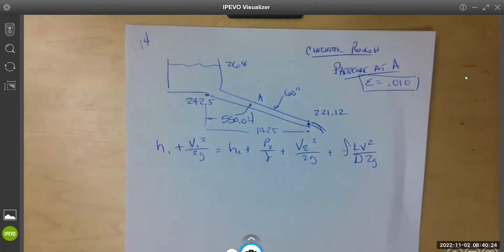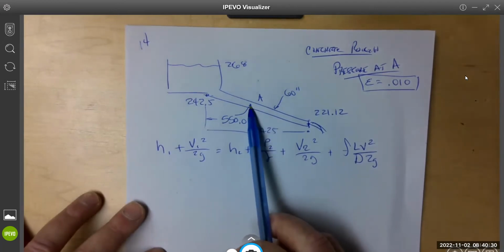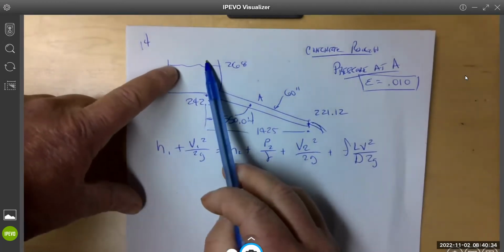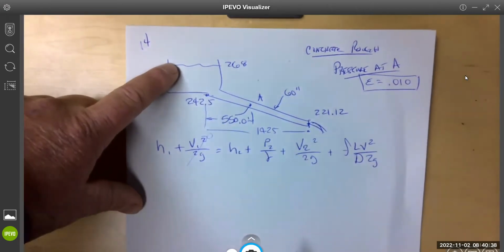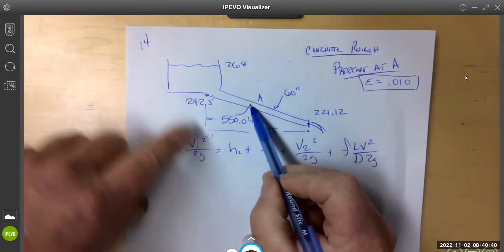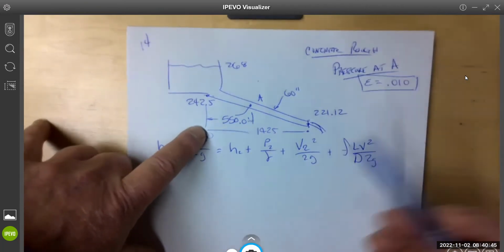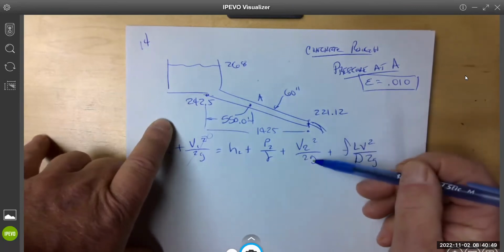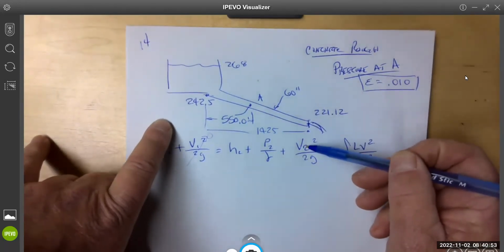So in order to do this problem, we have to run this equation. But if I start at A, I'm going to have a velocity and an H1, so I could get that. Velocity 1 is 0, so this is going to go away. An H2, I could get from trigonometry. P2 is going to be there, and V2 is going to be there, but I don't know the velocity, right?